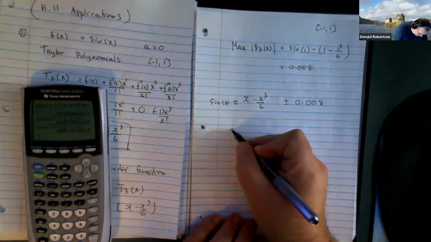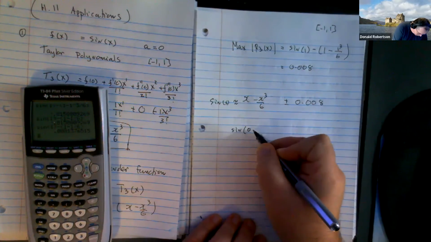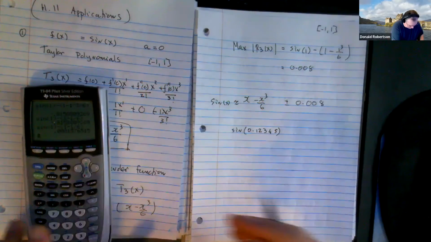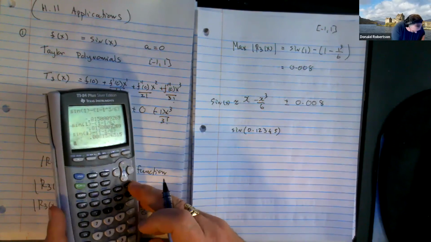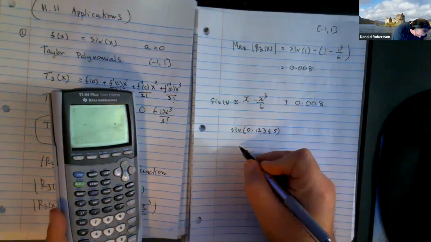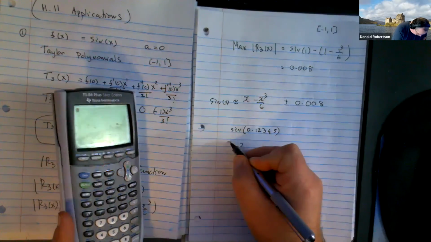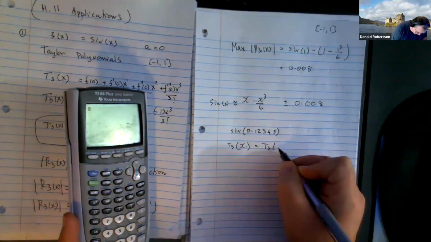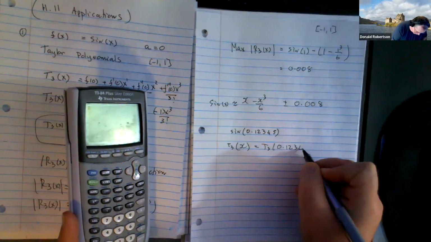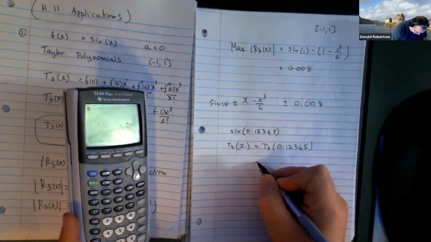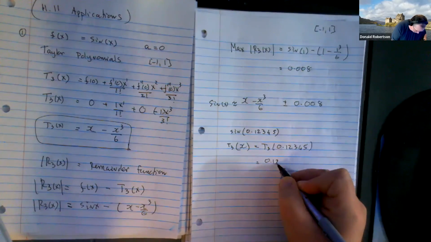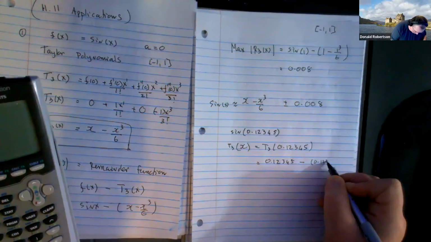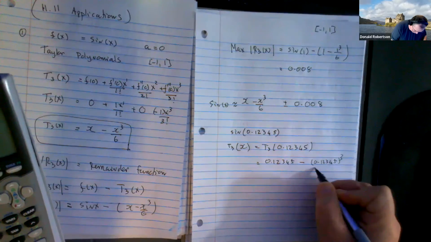Okay. I am now going to do the sine of 0.12345. And I am going to find T3 of X. So that's going to be T3 of 0.12345. So in this case, it's going to be 0.12345, take away 0.12345 cubed over 6.